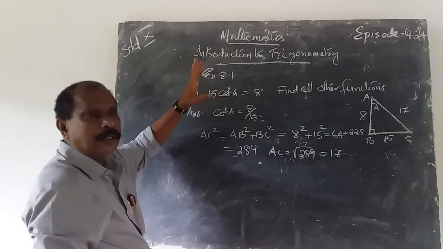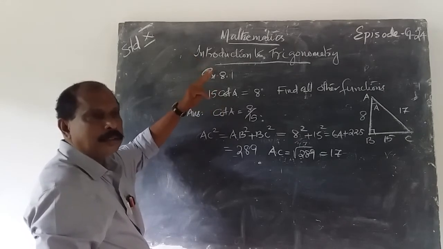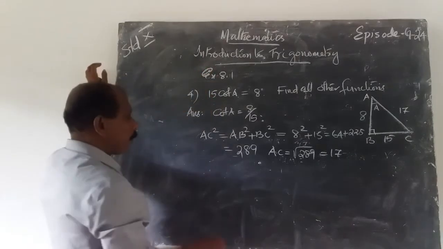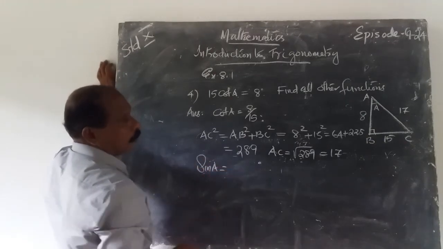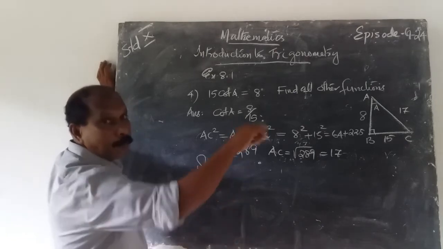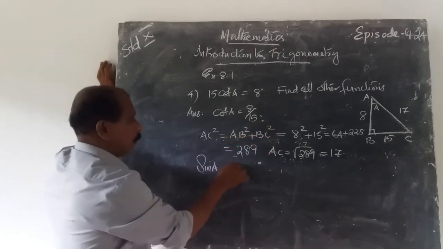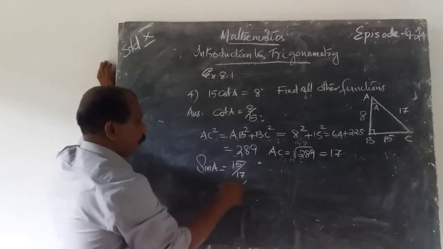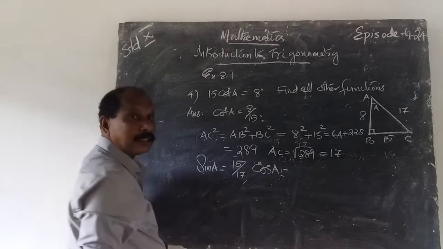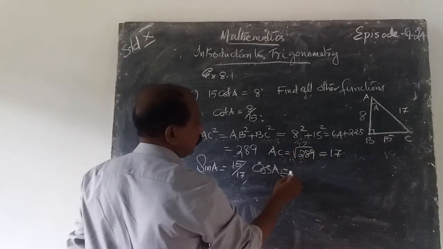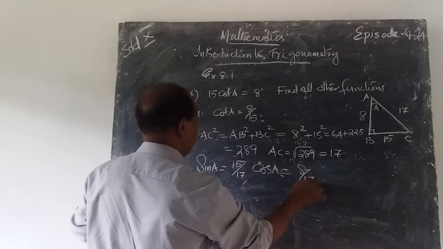Cot is given. We can find out sin A, cos A, tan A, cosec A, sec A. Sin A is opposite side by hypotenuse, that is 15 by 17. Cos A is adjacent side by hypotenuse, that is 8 by 17.